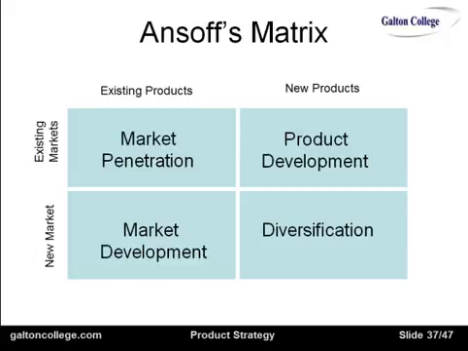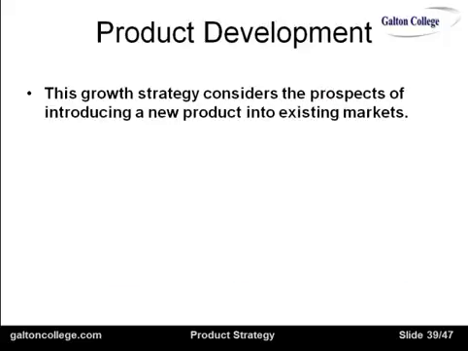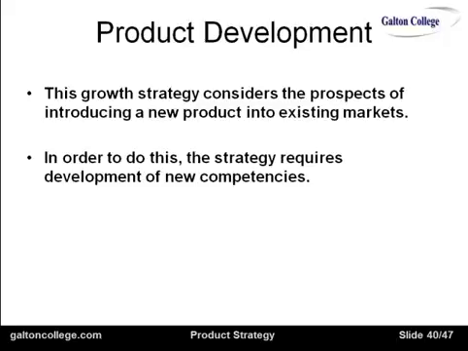Back to the matrix. We've looked at existing products. Now let's look at new products in existing markets, which is called product development. New products, existing markets. So it's a new product into an existing market. This requires development of new competencies.